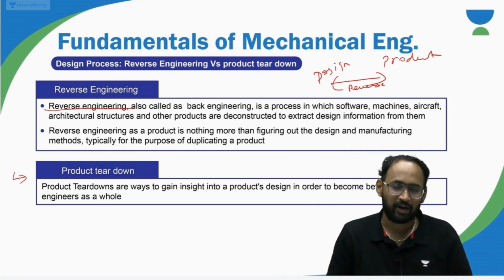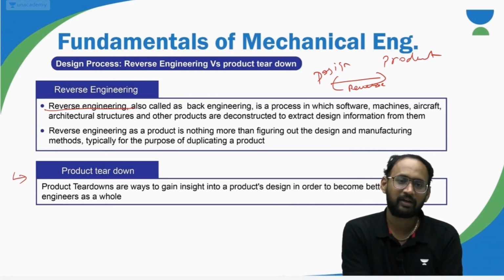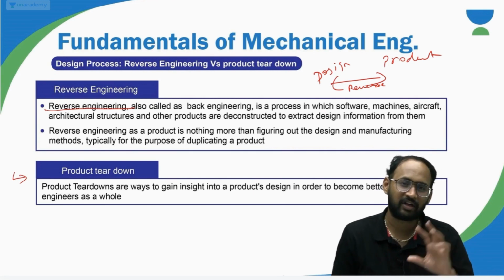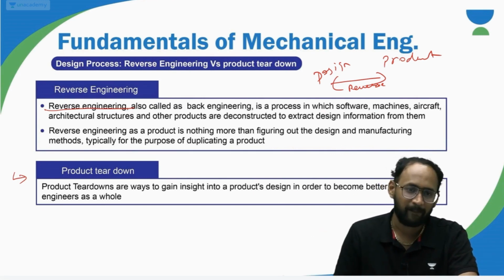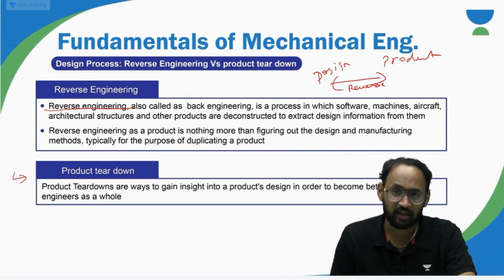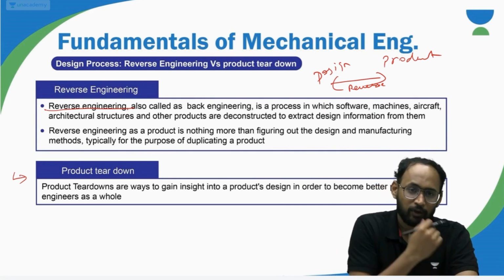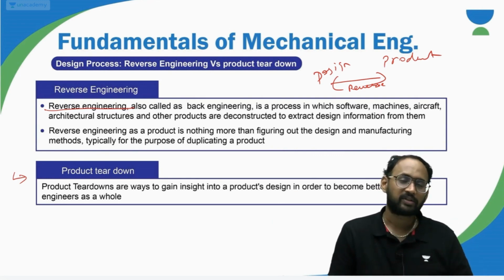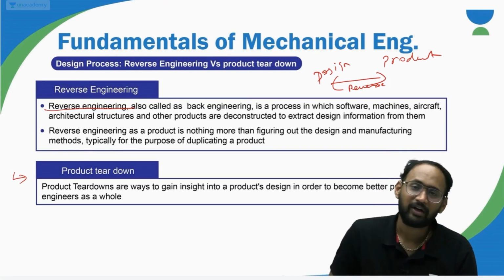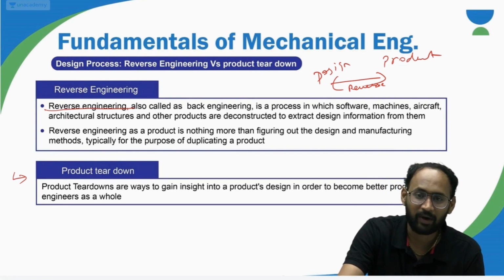You can have a view of the components and try to understand what functionality is associated with what component. So it improves your understanding of the product. Reverse engineering and product tear down is an important aspect which design engineers like you would come across in your day-to-day working environment.